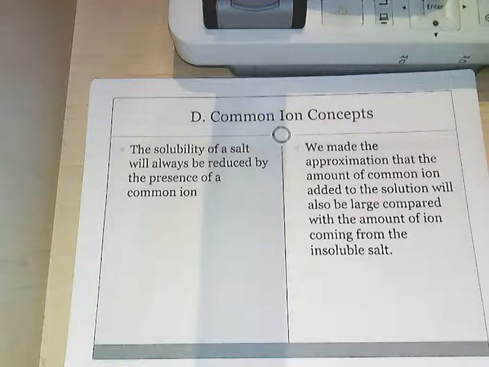And like we did on the problem on Wednesday, we make the approximation that the amount of common ion added will be large compared to the amount of ion coming from the insoluble salt.